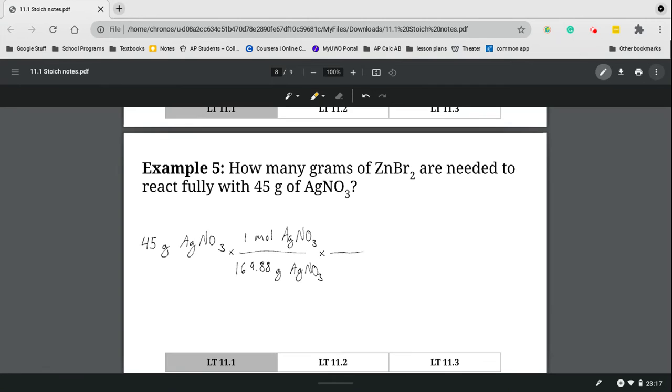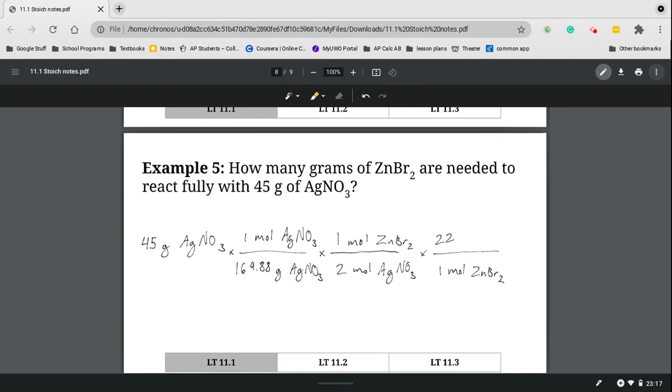And now we get to use that mole ratio. 2 moles of AgNO3 per 1 mole ZnBr2. And now we convert back to grams. 1 mole ZnBr2.